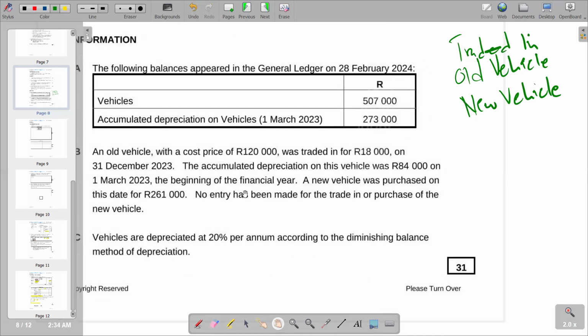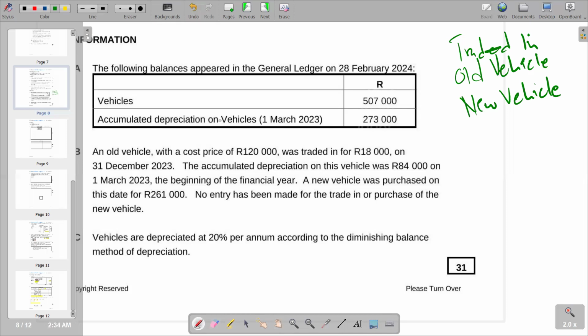We are going to start with the traded in vehicle. Remember, it has a cost of 120,000 and it had accumulated depreciation of 84,000 at the beginning of the period. So we need to know how many months it stayed. It was traded in on 31 December 2023, so it was end of December.